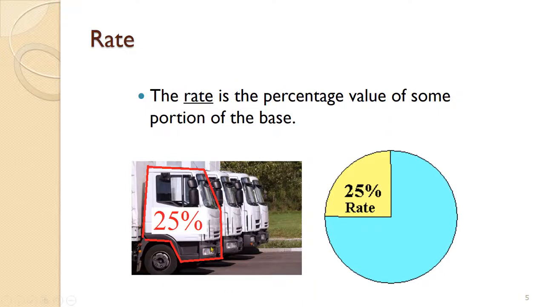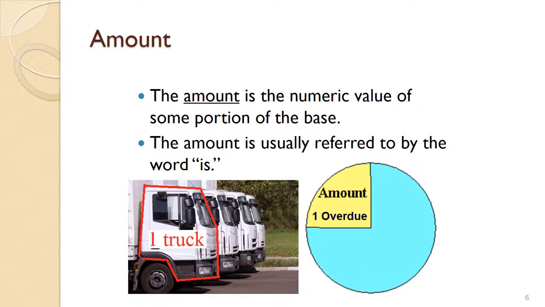The second part is called the rate, and the rate is easy to spot because that's your percentage value. Here we're saying that we've got 25% of the trucks that are overdue for their oil change. That's our rate, 25%. Now that rate is worth something, and in fact 25% of the fleet is 1 truck. So that's what we call our amount.